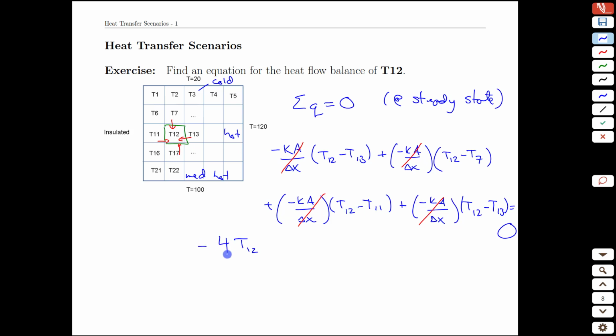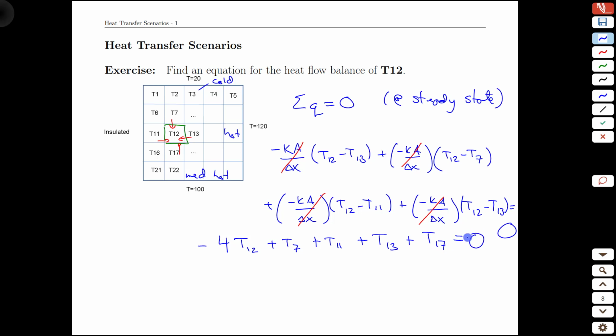All in all, that ends up being negative 4 T12s. What are the other elements? Well, let's put them in numeric order this time. We have T7, we'll have T11, we'll have T13, and we will have T17. Those have to add up to 0 as well.